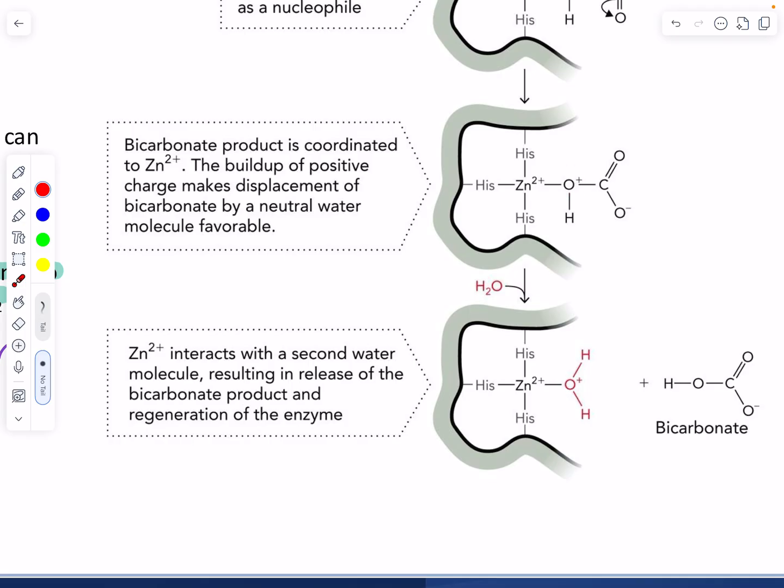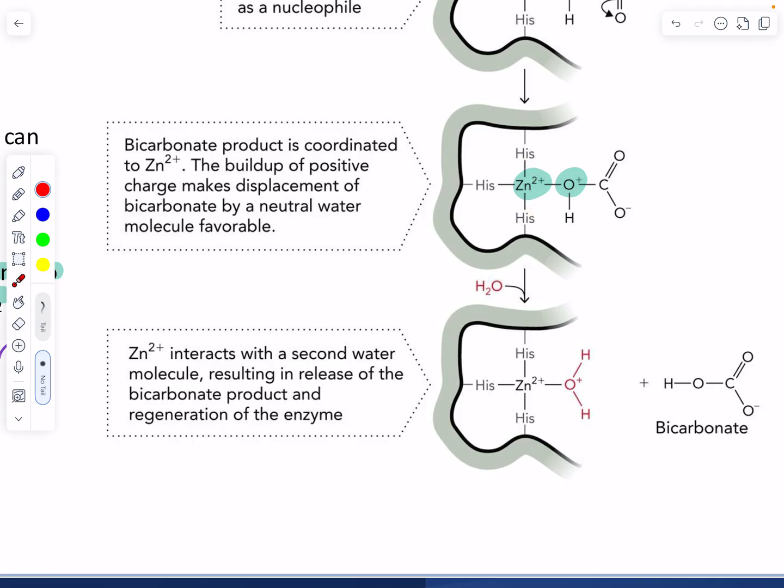Okay, but if you'll notice, this now has positive charge, just like the zinc ion has positive charge. And so that buildup is going to put strain on this bond. And when another water molecule comes in, it's going to be more favorable for that water molecule to displace the bicarbonate.